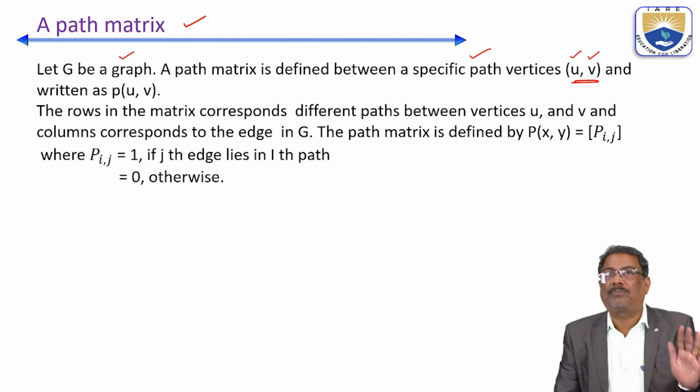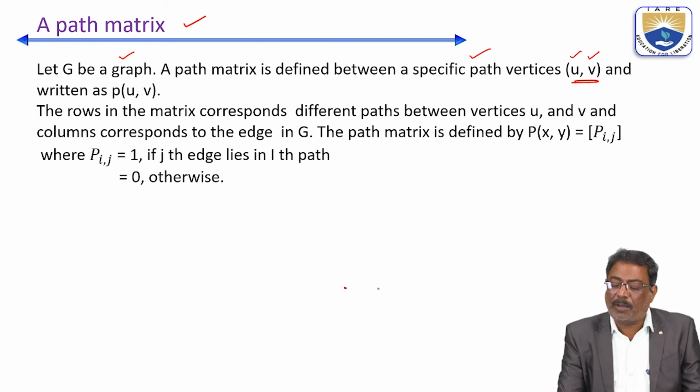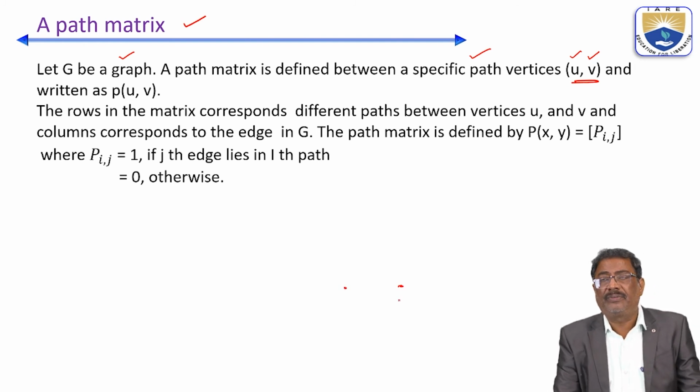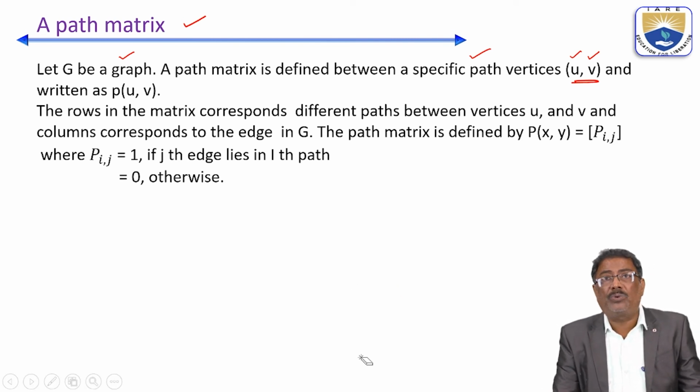That is known as a path matrix. That means if I consider any two vertices in a graph, there are multiple paths, and we are going to represent all these multiple paths in a matrix. That matrix is known as a path matrix.